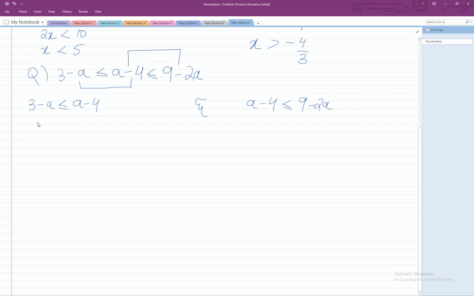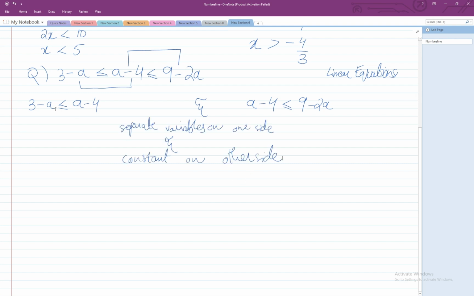Now we will follow the steps that we always use in the solution of linear equations. For this one, the minus 4 becomes plus 4: 3 + 4 is less than or equal to a, and the minus a becomes positive a.